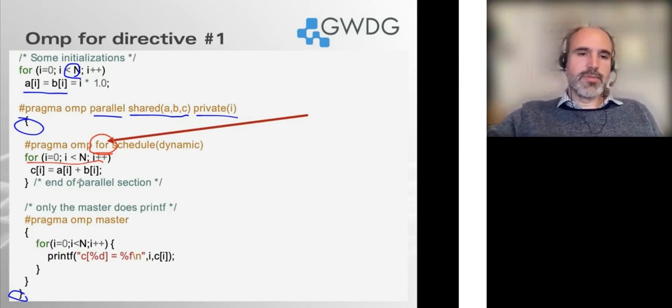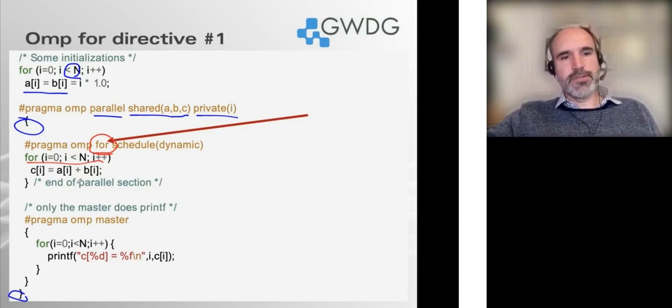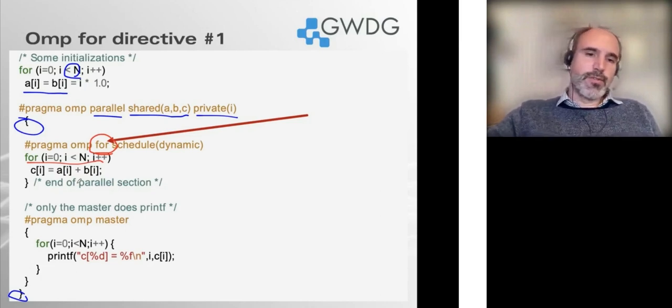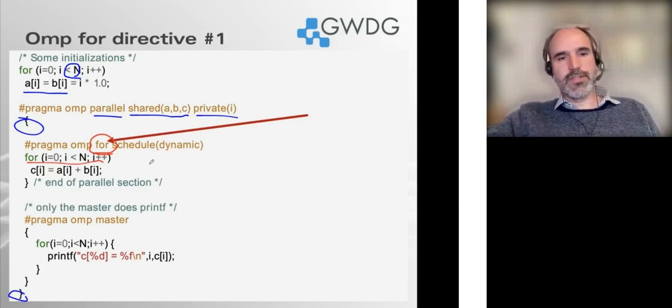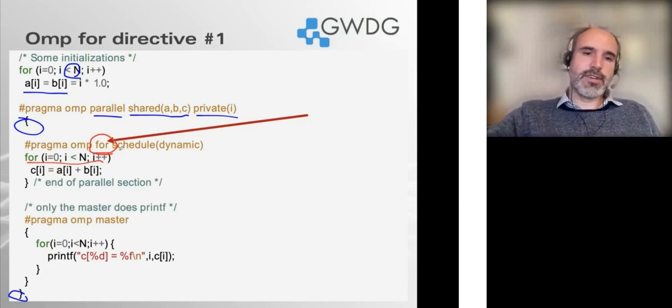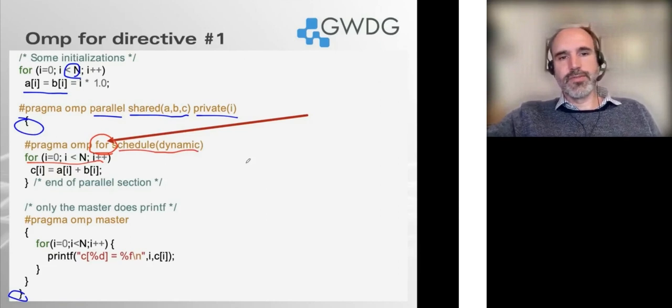For a simple example, if you have two threads, the first thread could go from iteration 0 to n-half, and the second thread would go from n-half plus 1 till n. So, roughly. How the iterations are distributed to the threads, first half, second half, and so on, is defined by the clause which is called schedule.